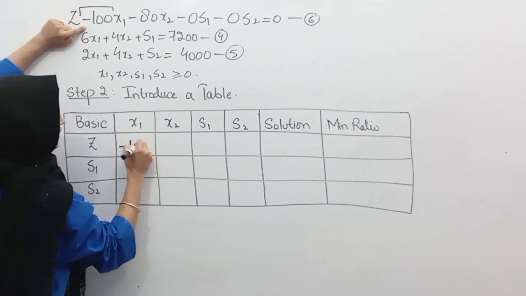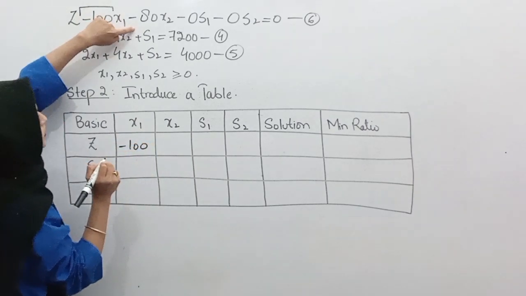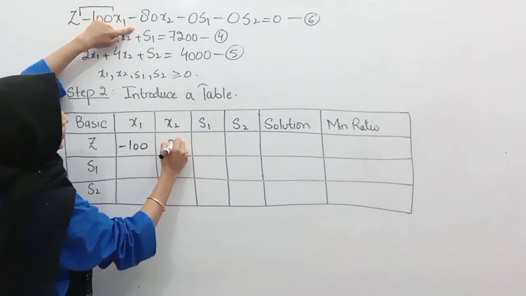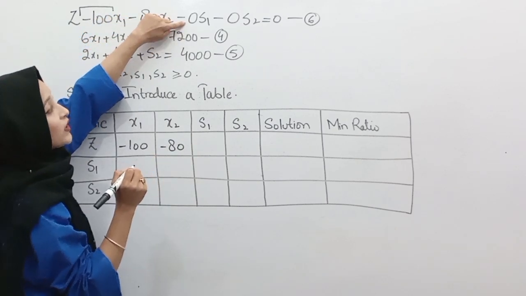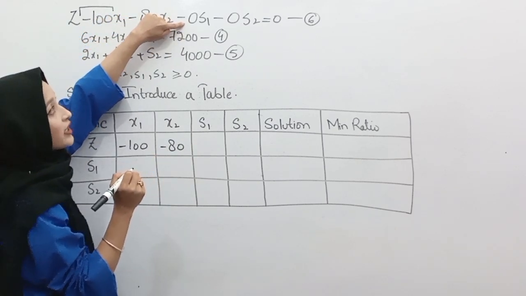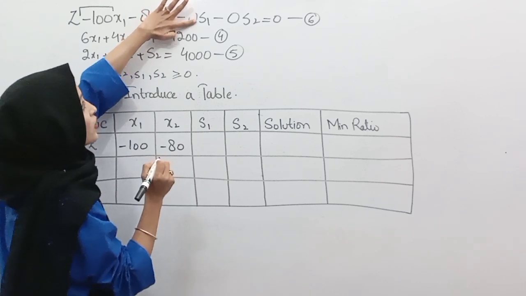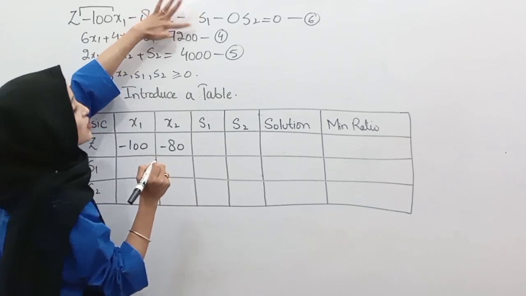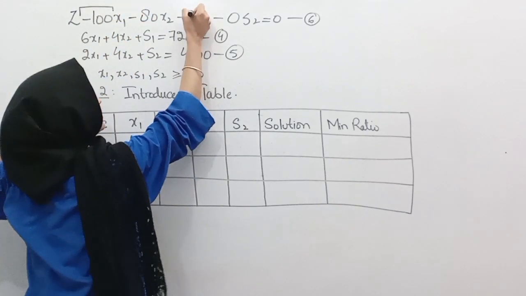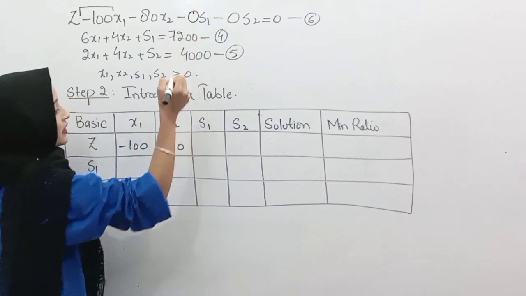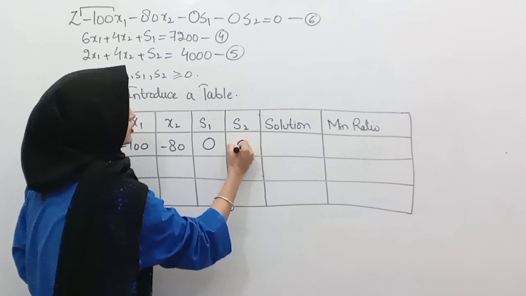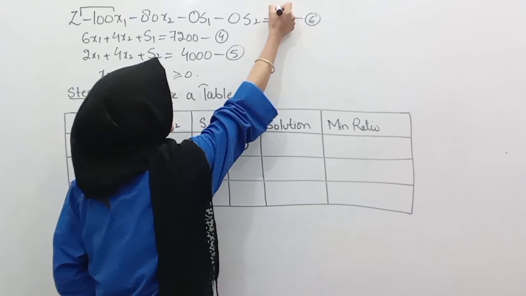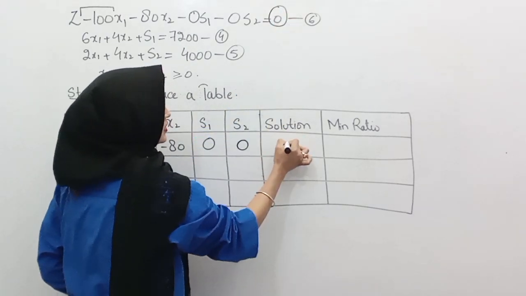Also write the signs here, and for x2 the coefficient is minus 80. S1's coefficient is 0. You see, this is why writing a 0 is very important here, because if there is no 0, it will make the coefficient of s1 as 1. So that is why we use a 0 here, so that its coefficient is 0, and the coefficient of s2 is also 0. The solution here is 0, that is on the right side of the equation.